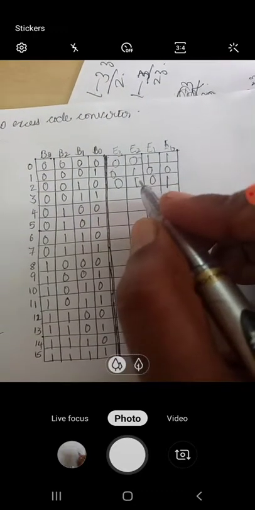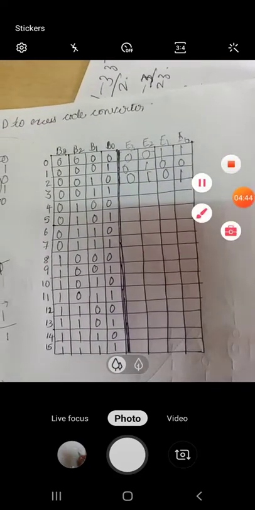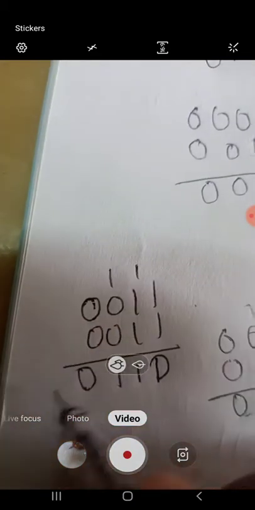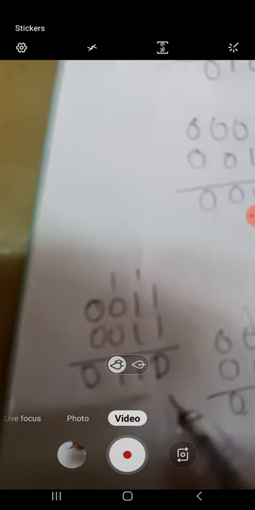Similarly for 3. 3 means 0 0 1 1, plus 0 0 1 1. 1 plus 1 is 0 with a carry of 1.